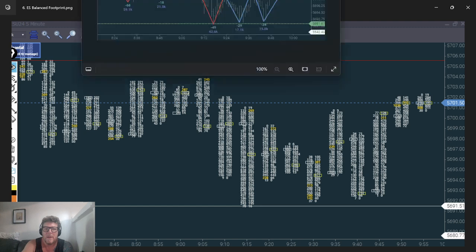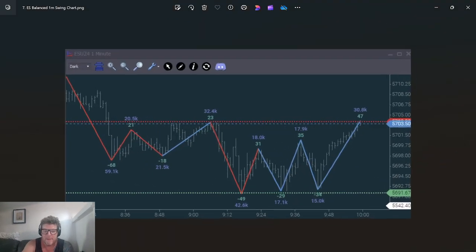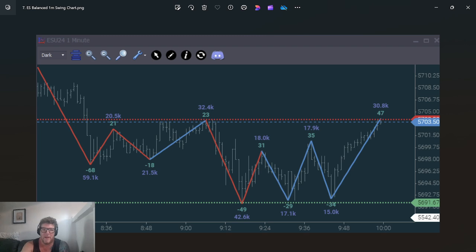Get that open. Same thing. This is kind of like, if you compare it to what I was talking about on the volume profile chart with the candlesticks, you have this kind of horizontal consolidation right here.